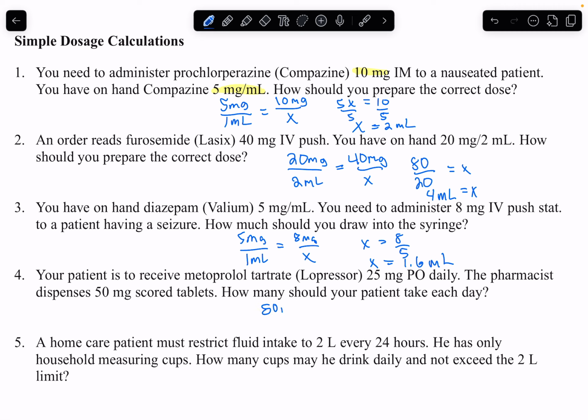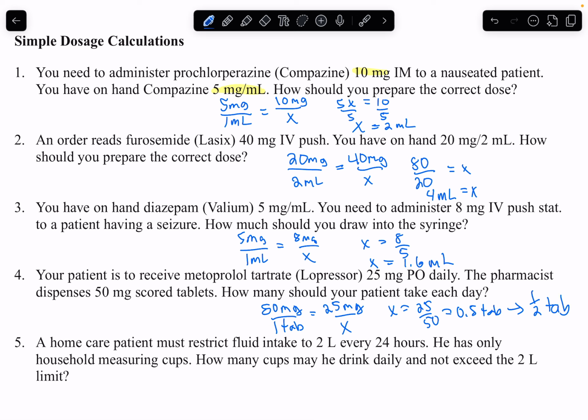So it's 50 milligrams per 1 tablet. So we need to give 25 milligrams. And so that would be 25 divided by 50. Now that's 0.5 tablets, but you should recognize that that is 1/2 of a tablet.